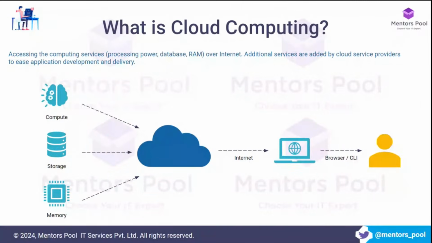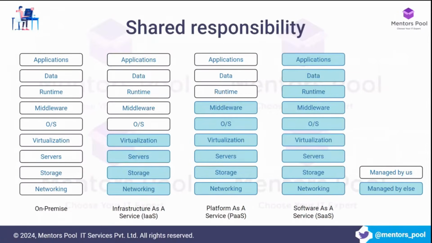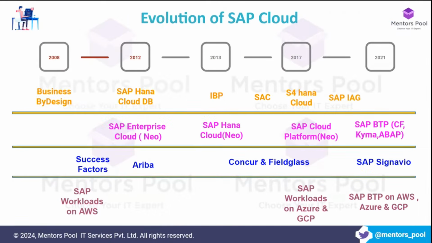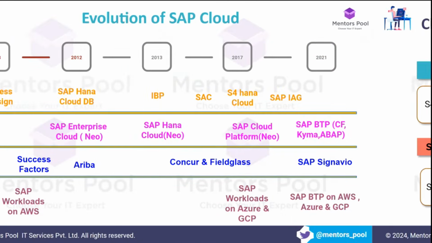So we started with what cloud computing is last day, the cloud deployment models, our responsibility and the service provider's responsibility, and the evolution of SAP Cloud: software as a service, how SAP evolved, platform as a service, how SAP evolved, or how they went ahead and procured or acquired a lot of different solutions in the market when they felt it was a bottleneck to create new solutions corresponding to on-premise solutions.